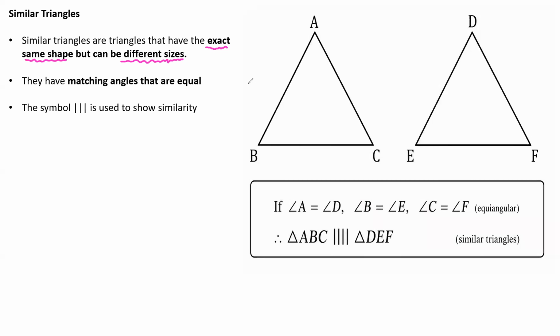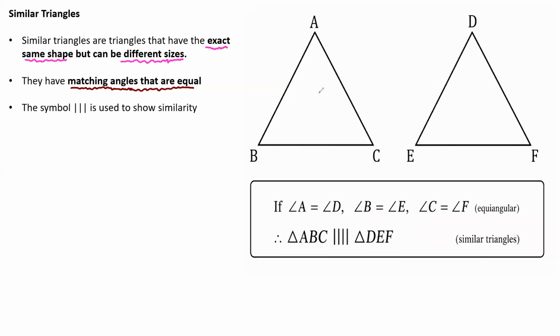Similar triangles, well, what do you have? Same shape, but different sizes. Now, the key ingredient is that when triangles are similar, their matching angles are equal.